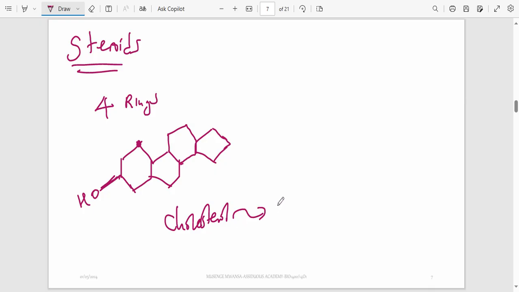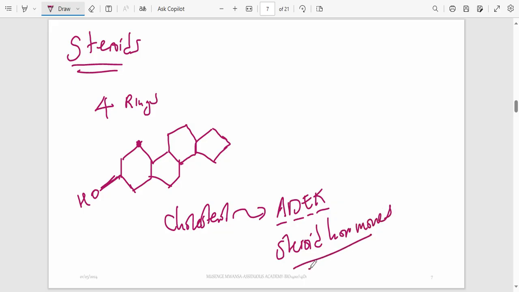Remember the fat soluble vitamins, ADEK. Precursor is just something from where something else comes from. So vitamin A, vitamin D, vitamin E, vitamin K can actually come from cholesterol. And you also have what we call steroid hormones. Steroid hormones. Okay. Hormones like testosterone.